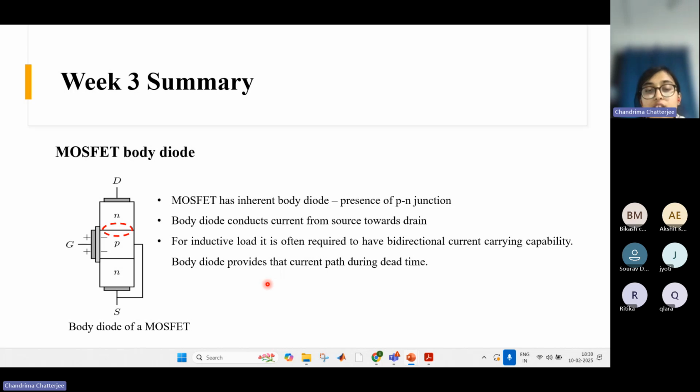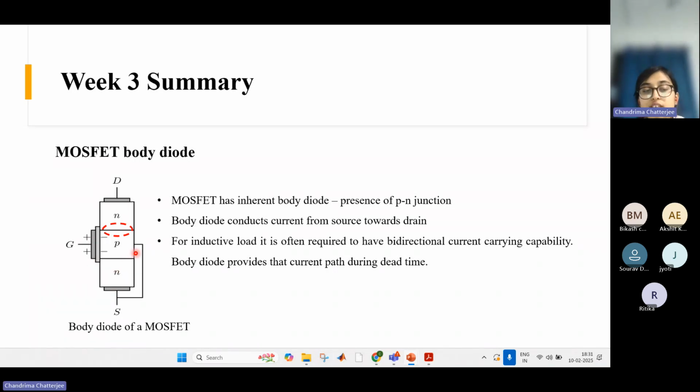While talking about the difference between MOSFET and BJT, I told you that MOSFET can carry current in both the directions, right? So how does it carry current in both the directions? If this is the structure of a MOSFET, here again there is this insulating layer and this is the gate terminal and there is this NPN stack.